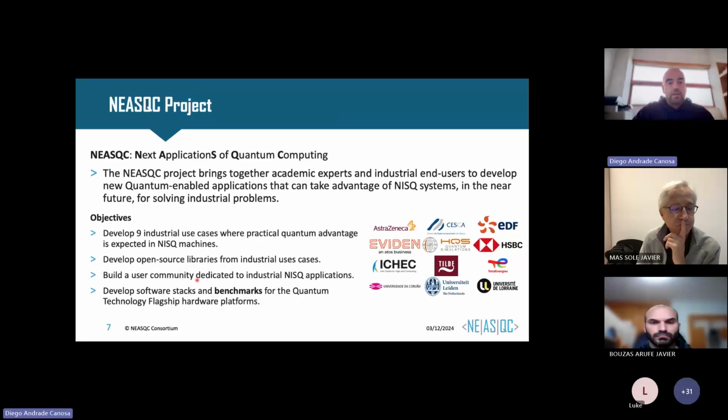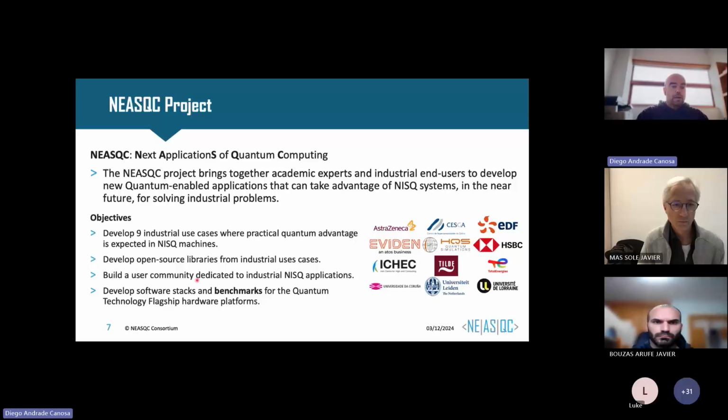So focusing already on our own approach, that, as I told you before, is application-oriented, I'm going to talk first about the framework in which this benchmarking was developed, which is the NEASQC project, NEASQC Applications of Quantum Computing, that finished a few days ago. The intention of this project was to bring together academic experts and industrial partners in order to develop applications that can take advantage of NEASQC hardware in the future for solving problems of industrial interest.